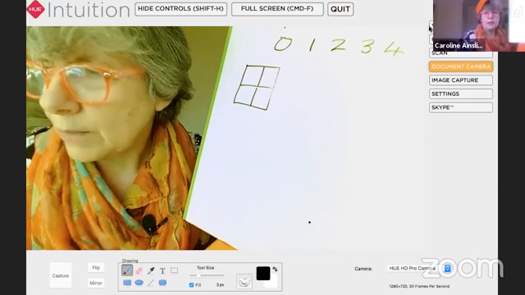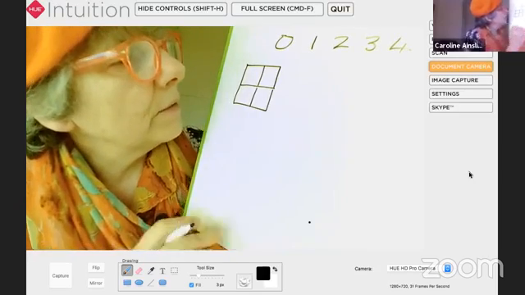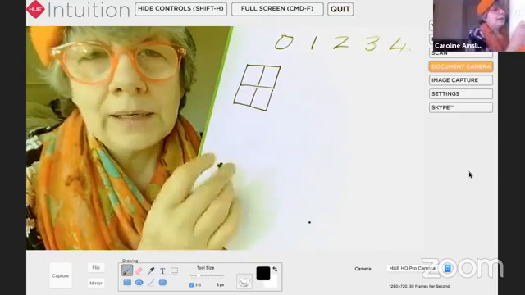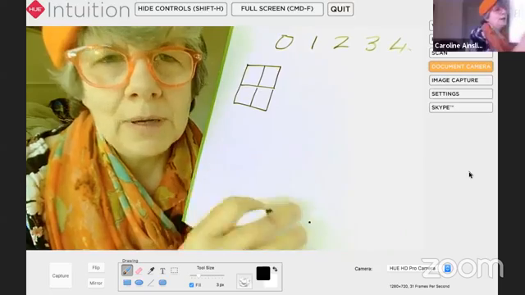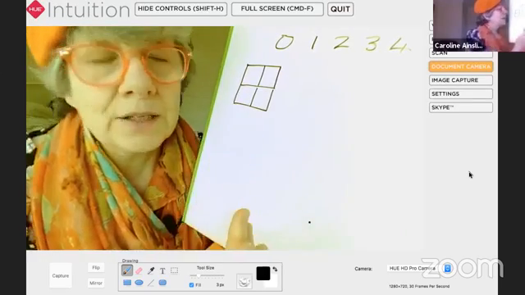We can do that with 4 very easily and quickly. This is just going to give you a primer on how to do the one with basically 9 squares.